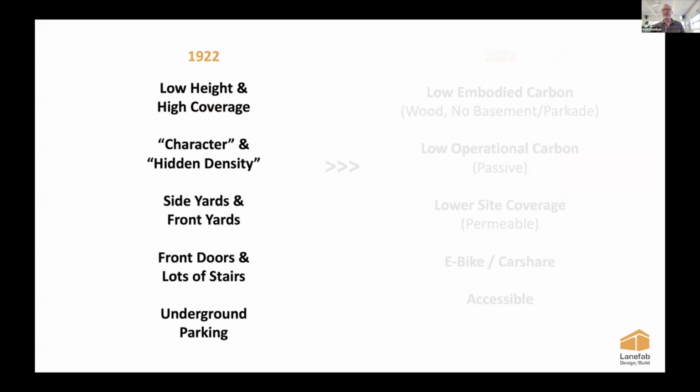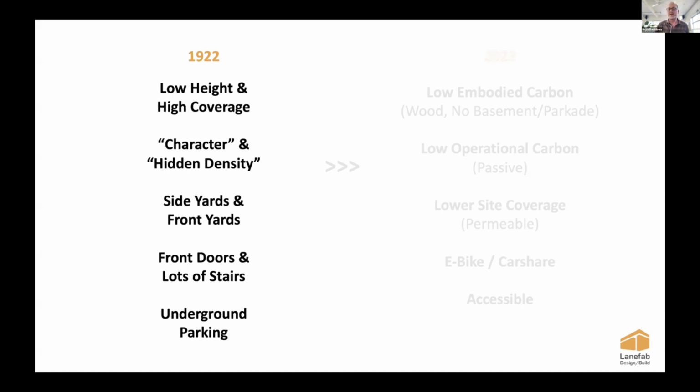So what came up was this collection of ideas that what we have been doing is all this stuff that harkens back to 1922 when zoning was first brought in and was really about reinforcing single family character. And all of our subsequent typologies, a lot of them have really tried to work with that.